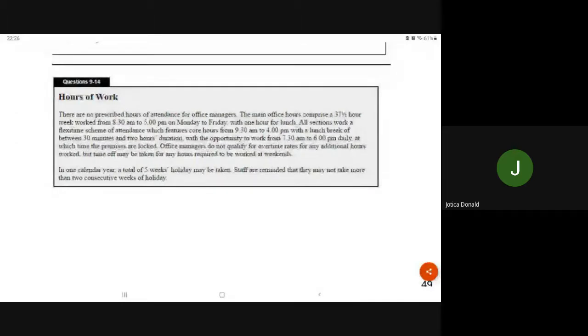So they are telling us how many holidays they can take. And the question says is it possible or not. Total 5 weeks, ठीक है? So even though they have not mentioned summer or winter, it can be true.